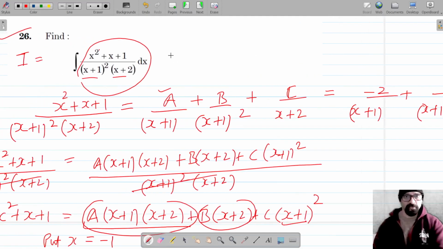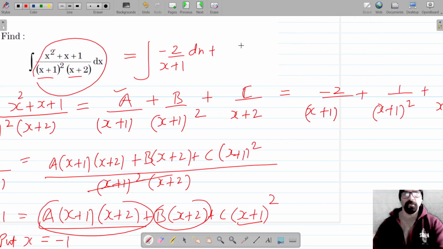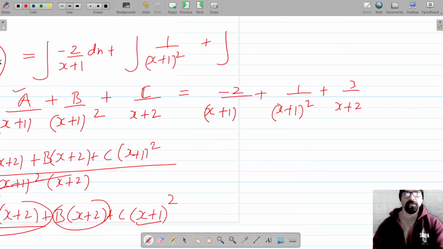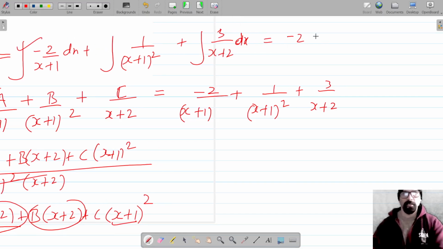So now this integration becomes the integration of -2 upon (x + 1) dx plus the integration of 1 upon (x + 1)² plus the integration of 3 upon (x + 2) dx. Now for this, -2 is out, and the integration of 1 upon (x + 1) is log of (x + 1).